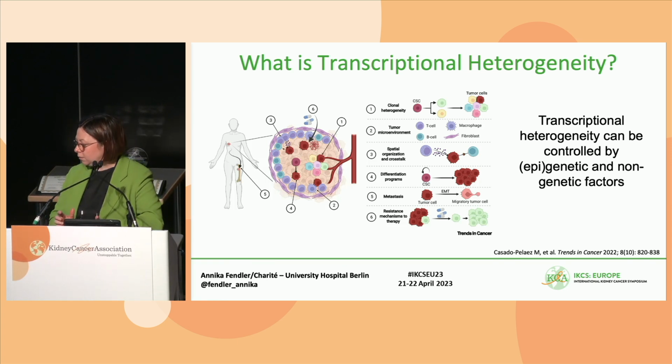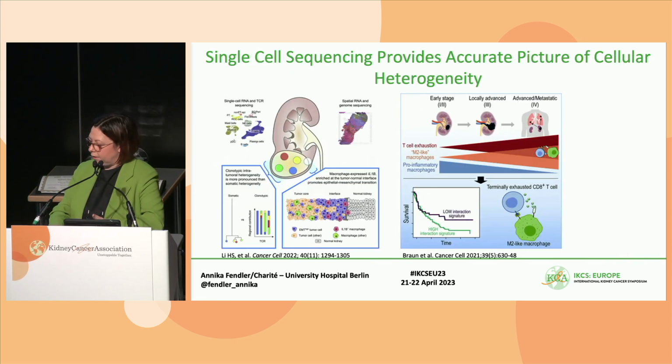So transcriptional heterogeneity that we're seeing in bulk RNA sequencing can be controlled by all of these factors, either genetic, epigenetic, or non-genetic factors.